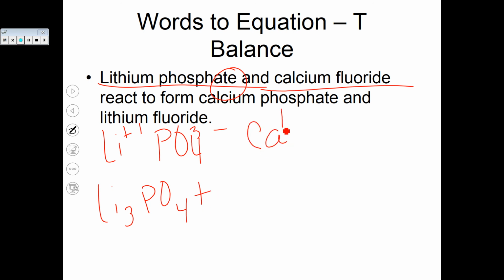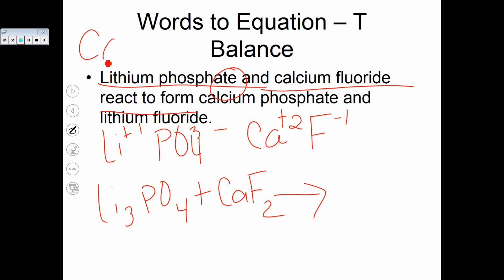Calcium is Ca plus 2, fluoride is F1 minus. If you are having a hard time following where I'm getting these formulas from, go back and study the ionic compounds notes. It says it reacts to form calcium phosphate.